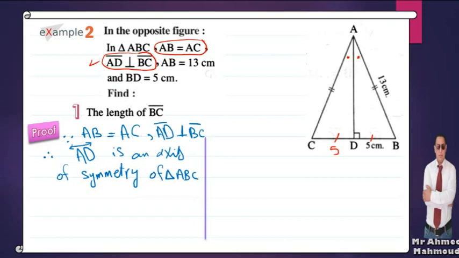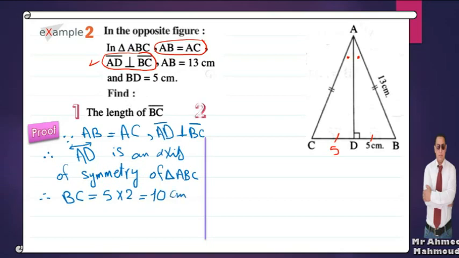Okay, therefore BC equals 5 times 2 equals 10 centimeters, because BD equals CD.